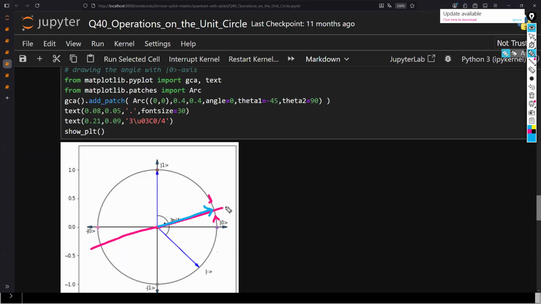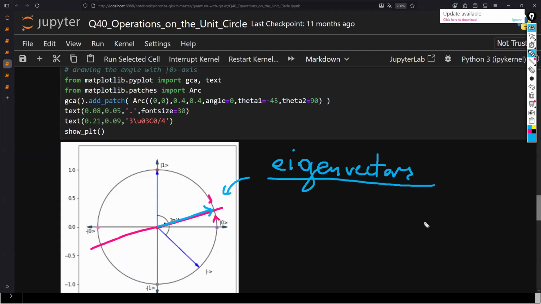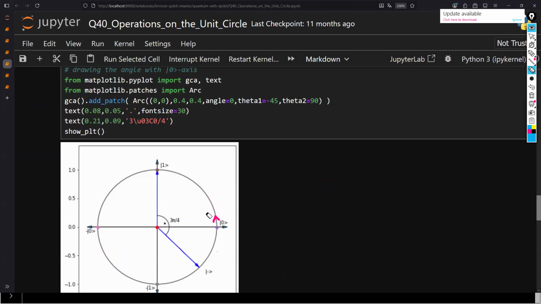And these special states, these special vectors, are called eigenvectors. These eigenvectors are the vectors that don't change under the operation that they express. So there is a formula on how to calculate this representation.